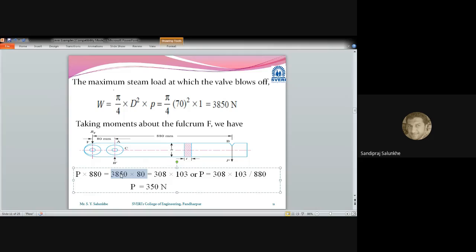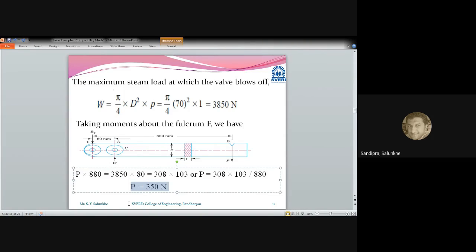That is the principle of lever, right? That's why we can calculate P as P multiplied by 880 is equal to W multiplied by 80, because this distance of W from fulcrum is 80 millimeter. So this P is coming as 350 Newton.